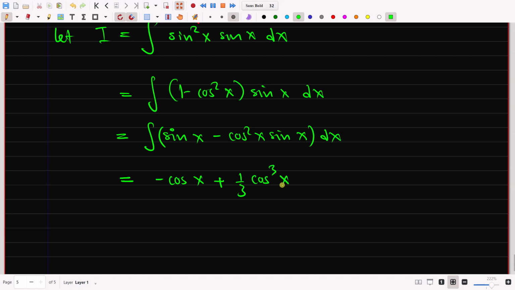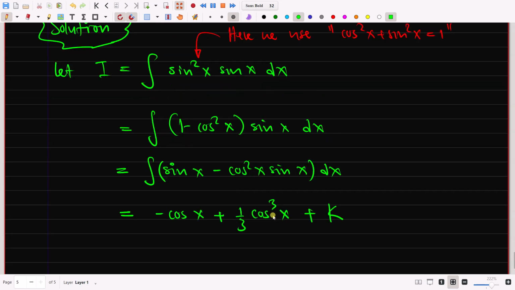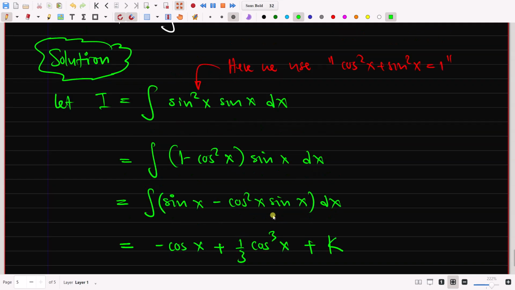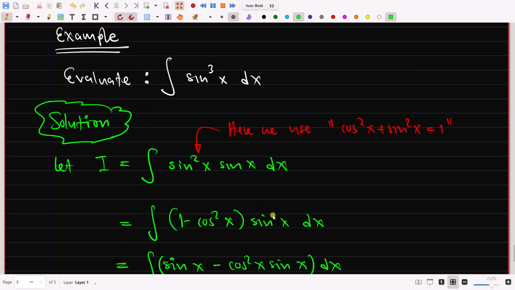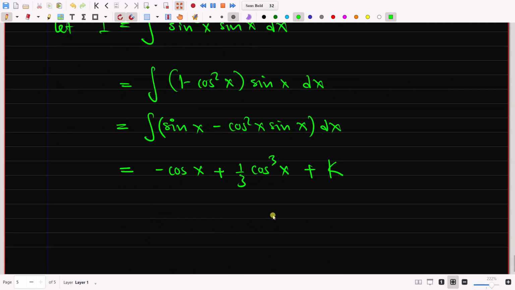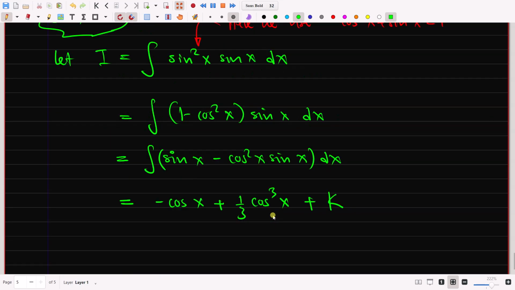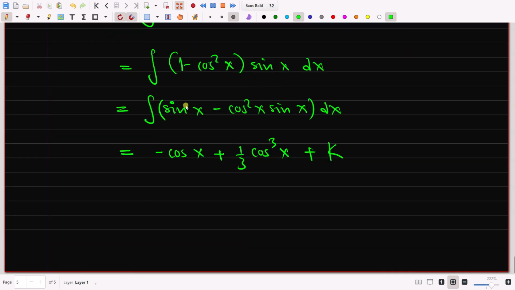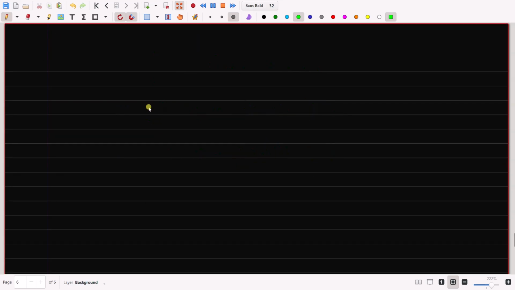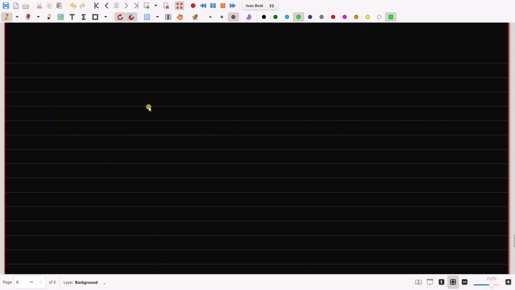Let's put cos now. So another example will be: evaluate the integral of cos to the power of 5 x dx. So how do we evaluate that?